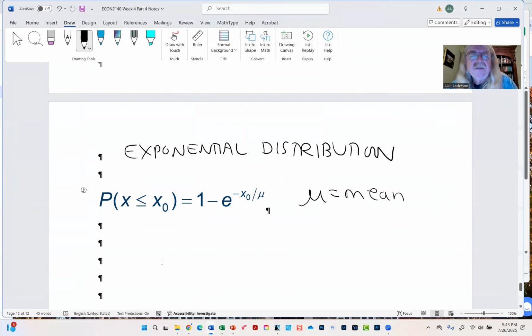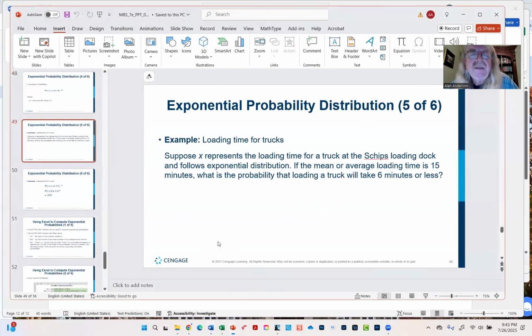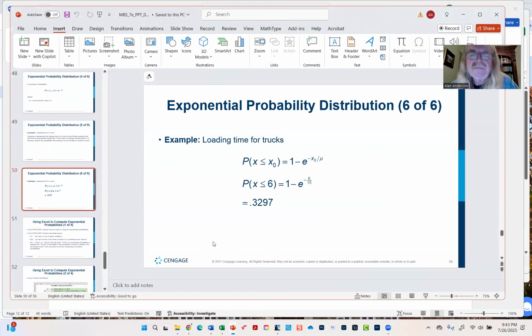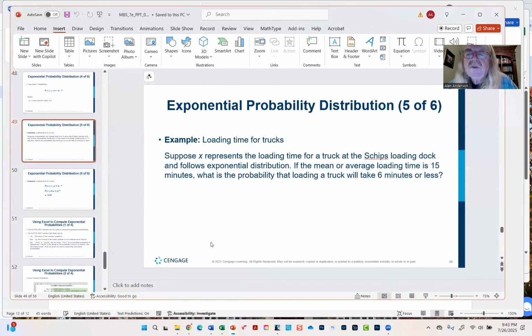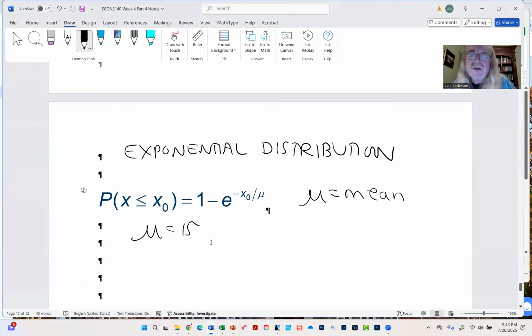Okay, so for example, we have trucks loading at the dock. The mean or average loading time is 15 minutes. What's the probability that a truck will take 6 minutes or less? Wow, that would be pretty impressive.